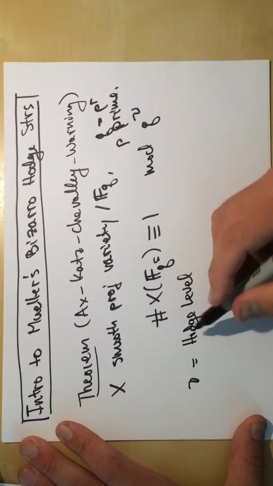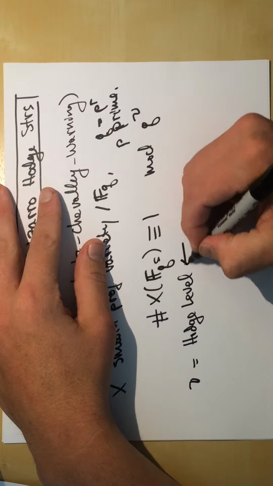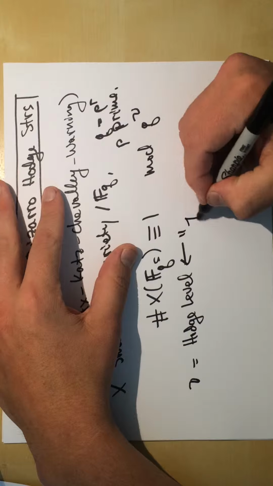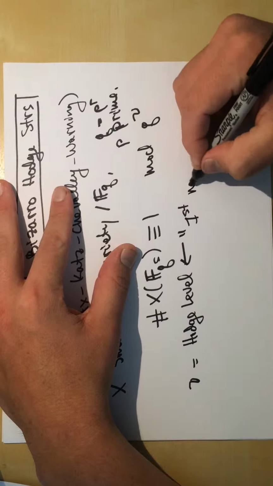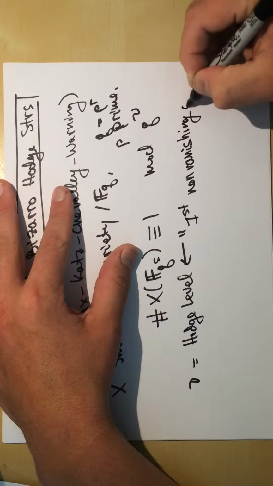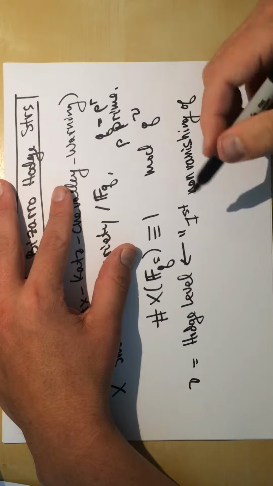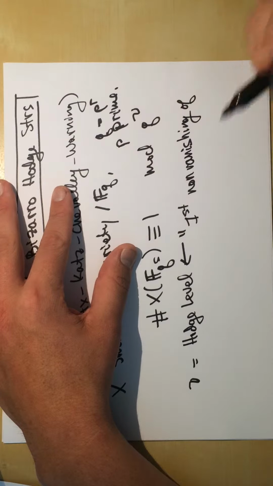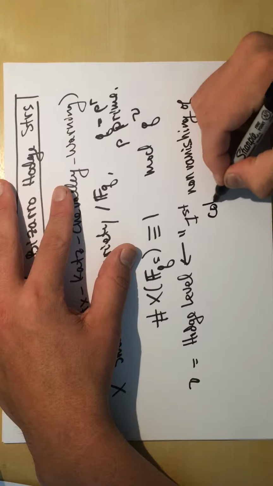And so this is the first non-vanishing. So I think this is correct. This is the first non-vanishing index of cohomology in the Hodge diamond.